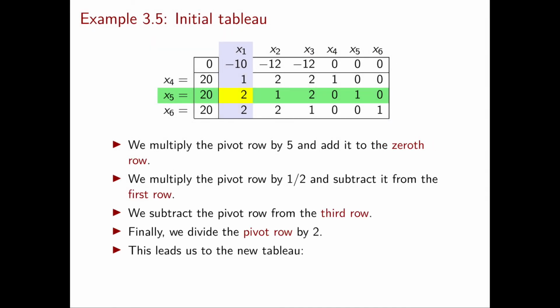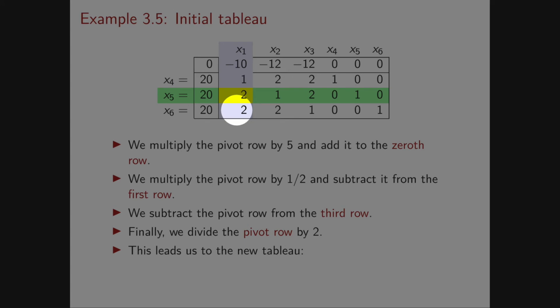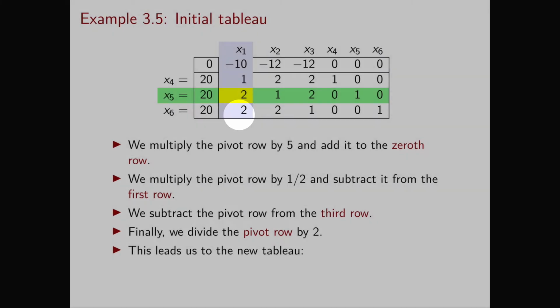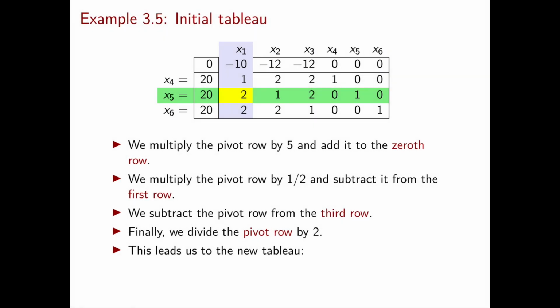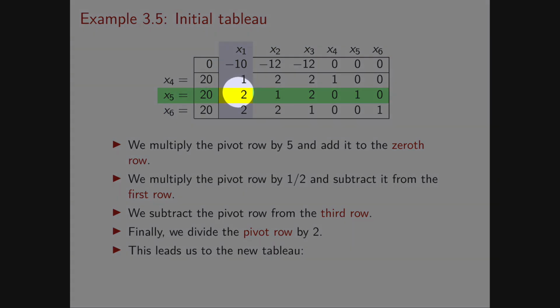Next, we need to compute the new tableau corresponding to the new basis. In order to do that, we need to perform the elementary row operations that transform the pivot column into the column that has 0, 0, 1, and 0. So to have a 0 in the 0th row, we need to multiply by 5 the pivot row and add it to the 0th row.